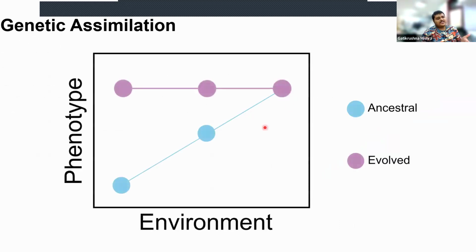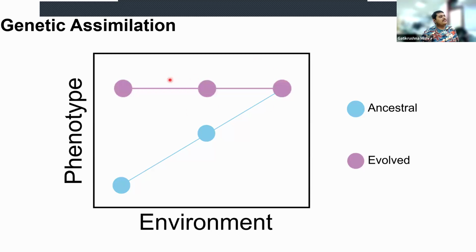What is genetic assimilation? Basically, your ancestral population, when you start an experimental evolution, would show some change in phenotype across environments. That means, in terms of this reaction norm graph, it would have some positive or negative slope. But after your entire selection experiment is over, your evolved organism or evolved strain will not show any variation in the phenotype.